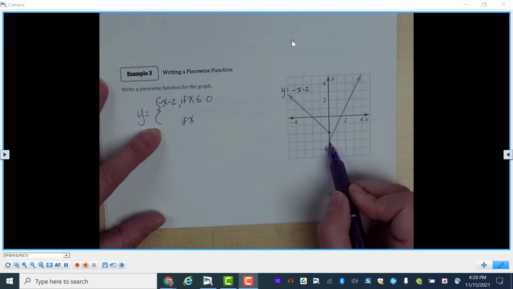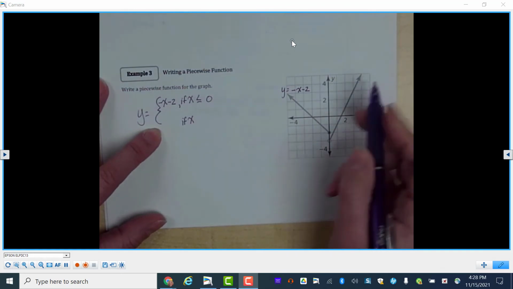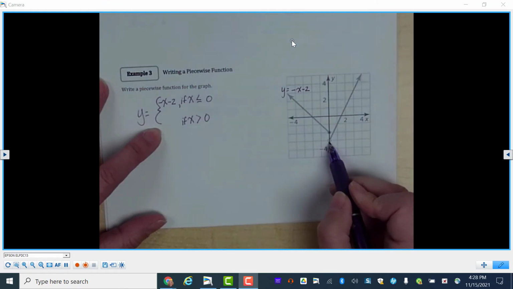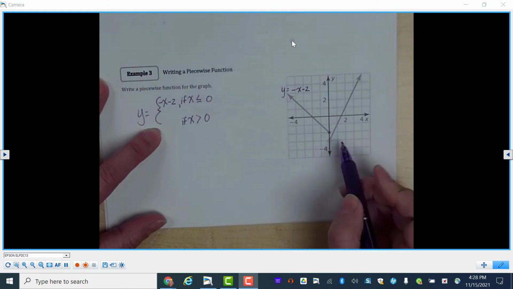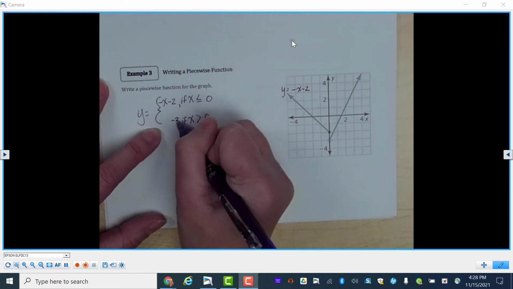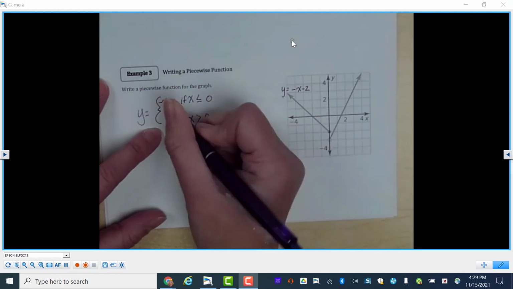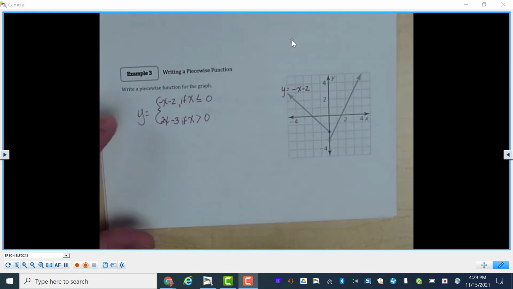It is an open circle and it's all values greater than 0. So where's my equation of the line? Well, my y-intercept is -3 and my slope is up 2 over 1. So I have 2x minus 3.